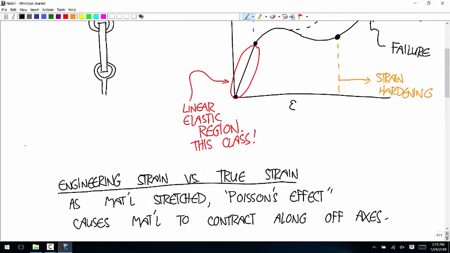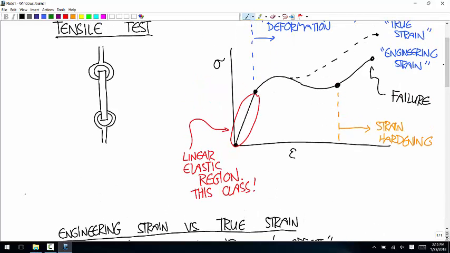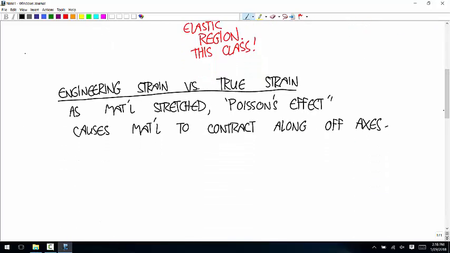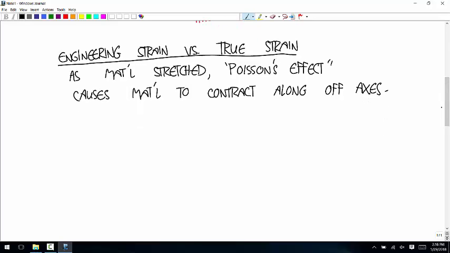So as this gets longer, if you measured this distance, it would get smaller. The more it contracts along those directions, the smaller the cross-sectional area is. Let me draw this picture.